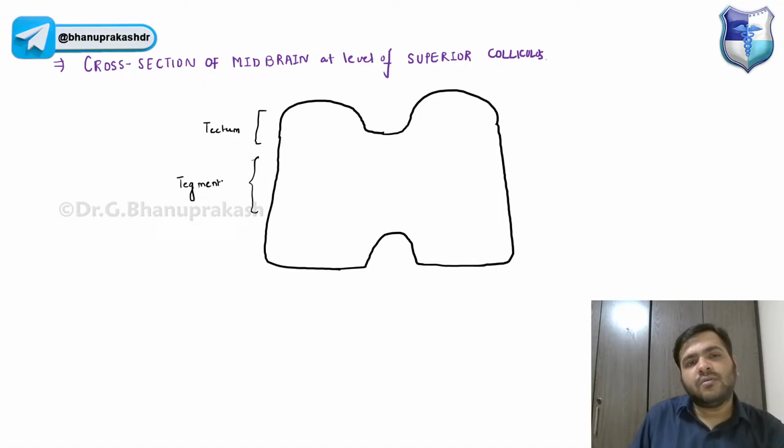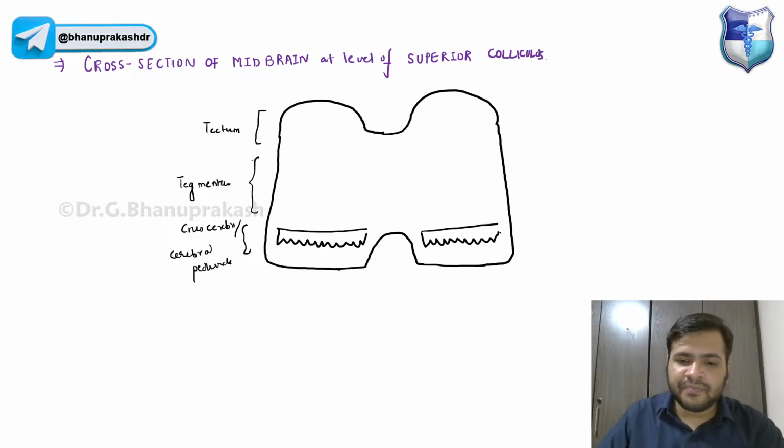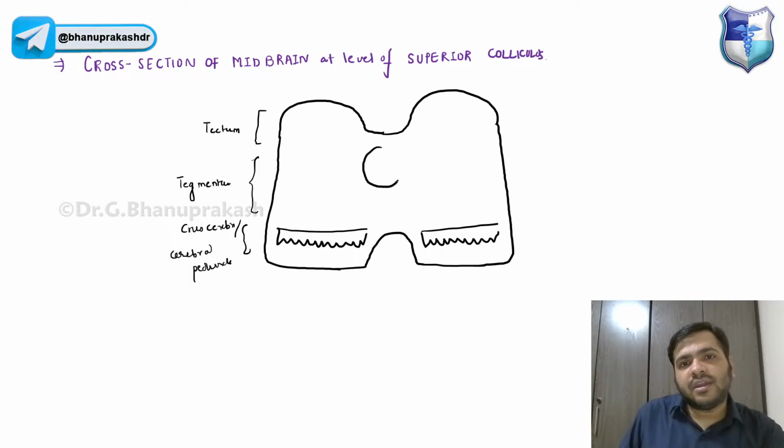In the front we have the crus cerebri or cerebral peduncles, which contains the substantia nigra, which we have already discussed. At the level of the superior colliculus, the crus cerebri part will remain the same. In the center, you already know, we have the cerebral aqueduct, surrounded by the central gray matter.